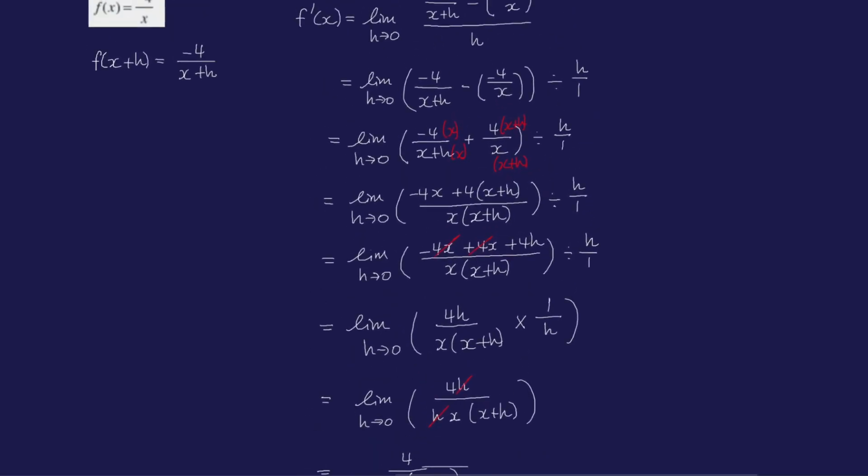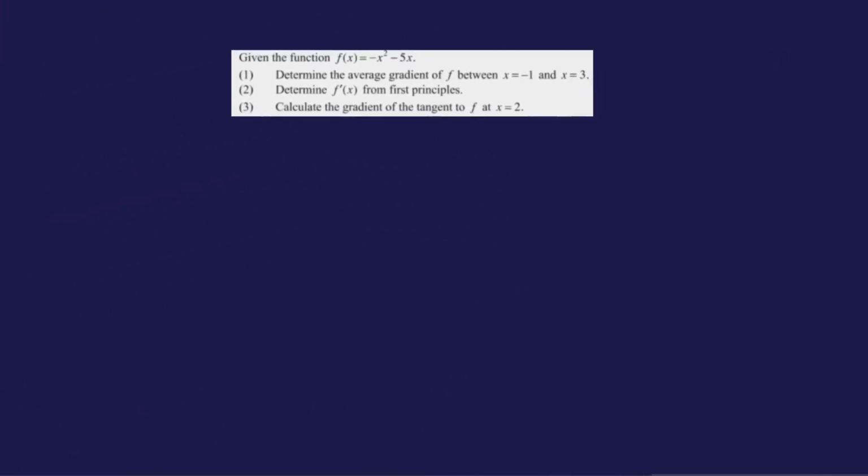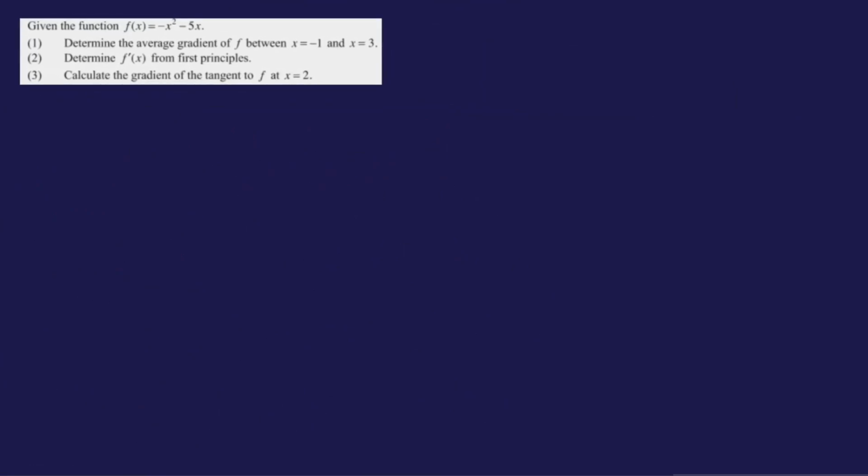Okay, now let's take a look at this question here. Given the function f of x equals minus x squared minus 5x, question 1, determine the average gradient of f between x equals minus 1 and x equals 3. So first we need to work out what the y coordinates are going to be for those x values.